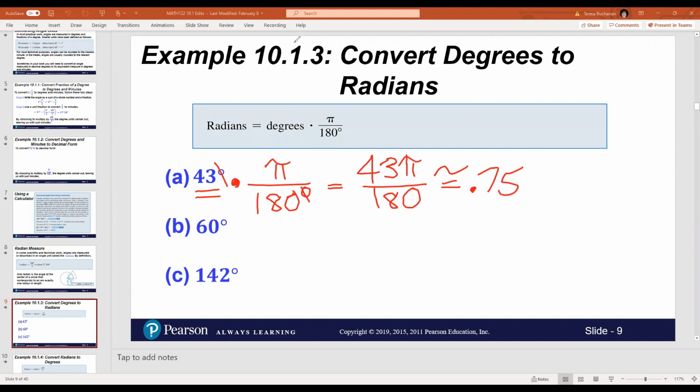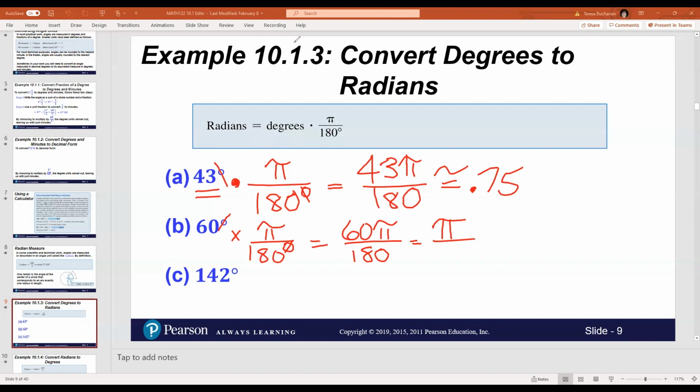Okay. 60 degrees. How do we convert that to radians? We multiply by pi over 180 because the 180 degrees will cancel that degree and that degree. So this one is 60 pi over 180, but 60 and 180 have a common factor of 60. So this fraction reduces, right?